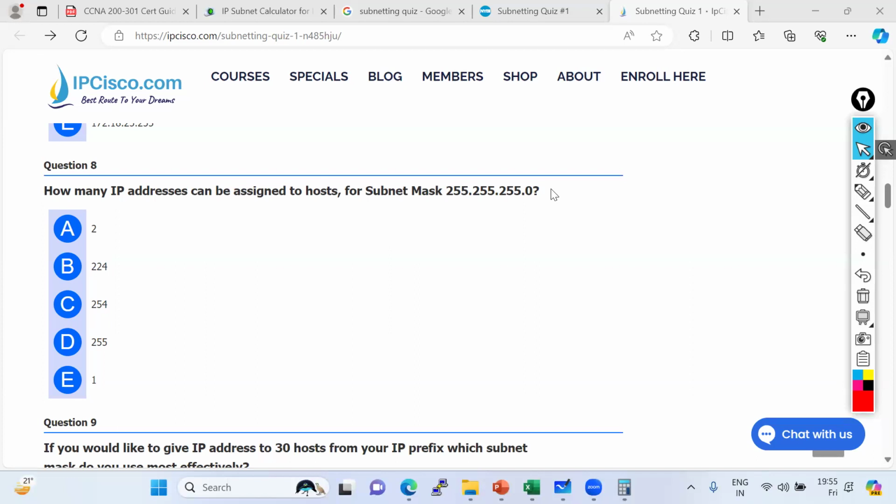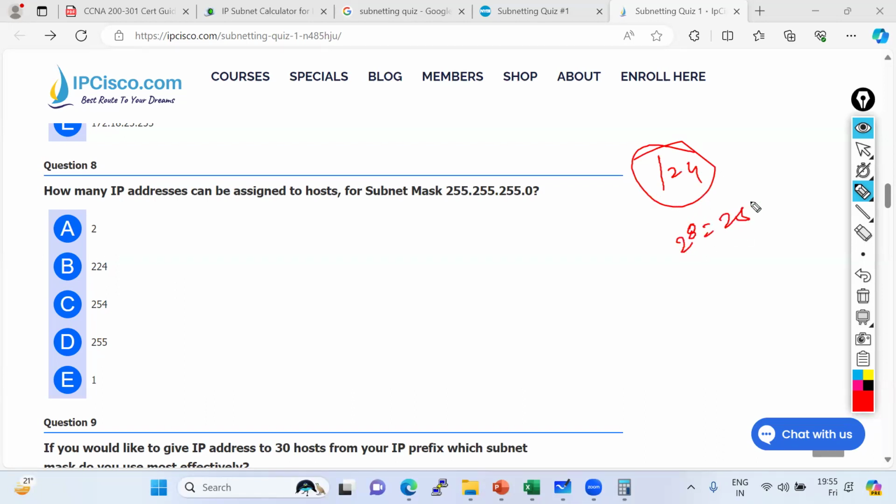So what is the fixed bit here? 255.255.255 is fixed. So that's /24, isn't it? Yes. So how much IP will you get? 2 raised to power 8.